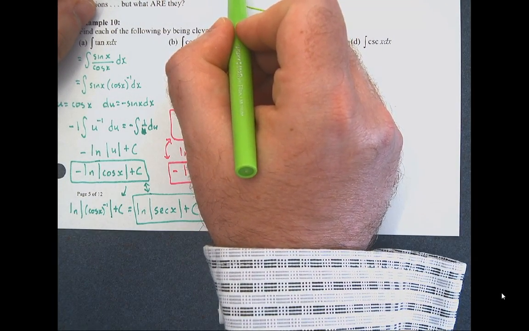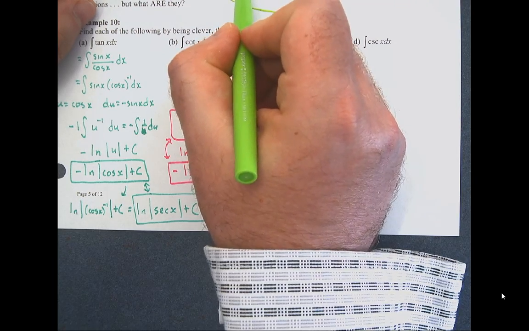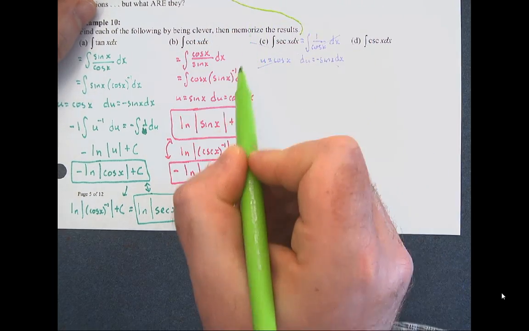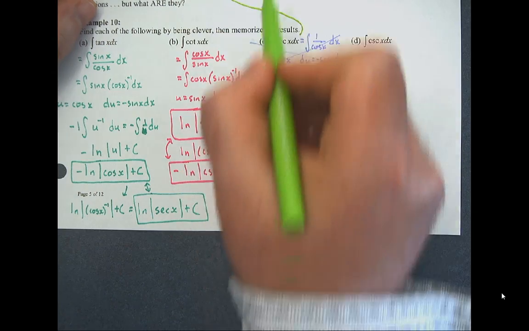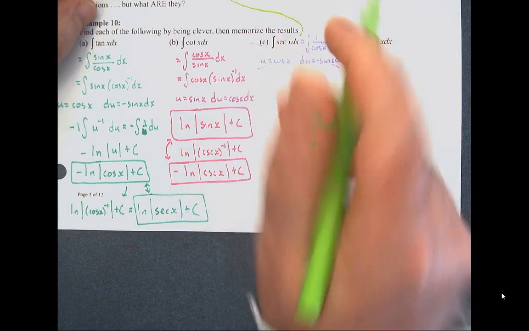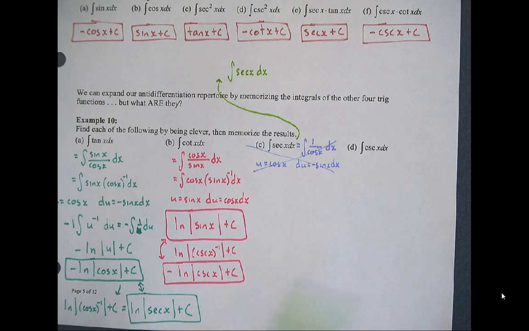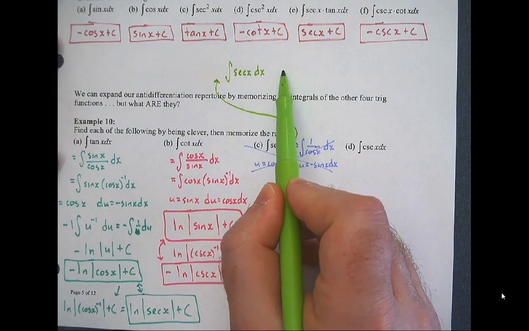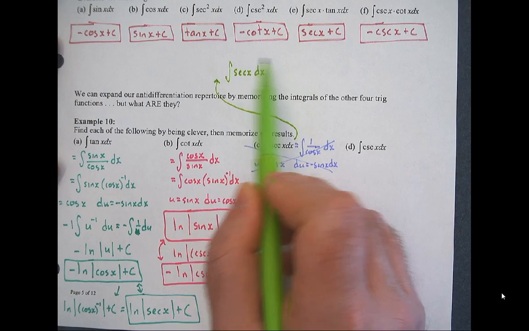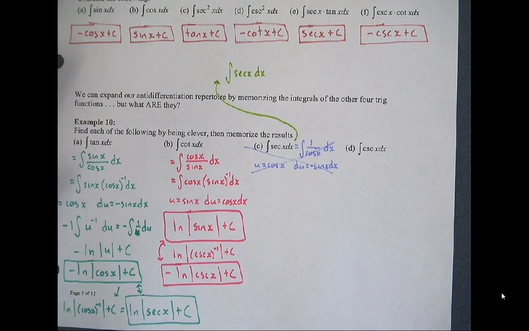So I'm going to take the integral of secant of x. Now I'm going to put my dx in there right now. I can multiply by whatever I want. You know, I can do things like +1, -1, if I'm trying to make this thing look like something that's easier to integrate.